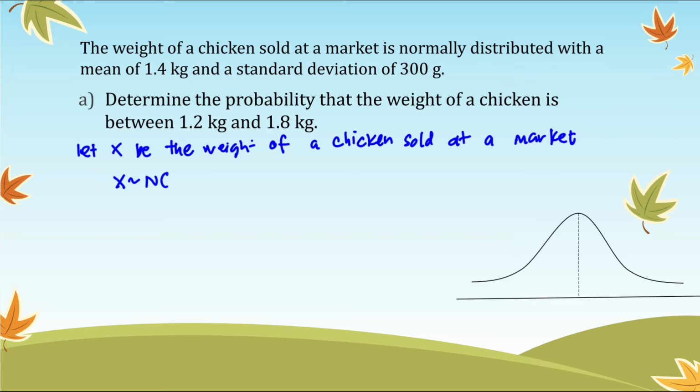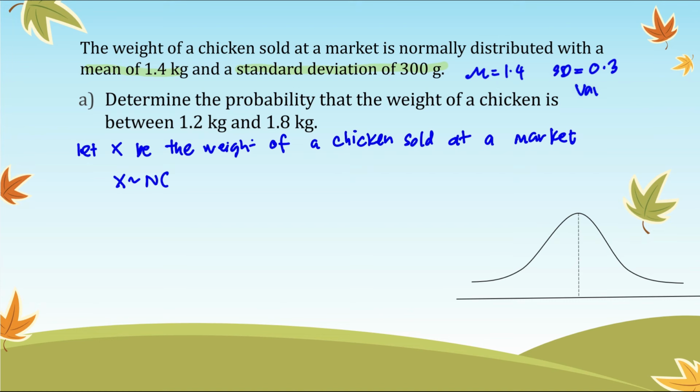Okay, we need to find the mean and variance. In the question, the mean is 1.4 kilogram and the standard deviation is 300 gram. We have to make sure that both are in the same unit. So the mean is 1.4 kilogram, and the standard deviation we change to 0.3 kilogram.